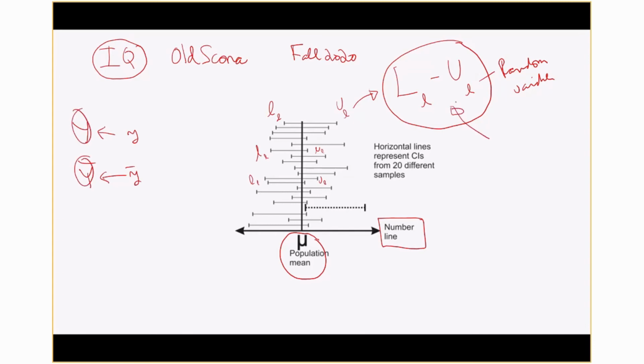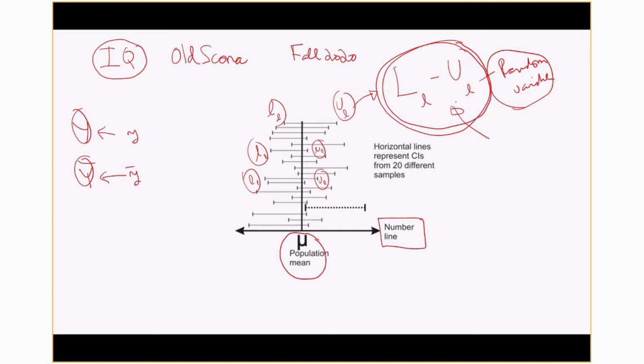But it still fits the criterion of a random variable because it arises through a mapping process. It takes some observations, and we're going to go over the mechanics of how that's done, and translates the results of an experiment into a pair of numbers. And also you can recognize that this thing here is the set of all possible 95% confidence intervals that could be constructed by this process.